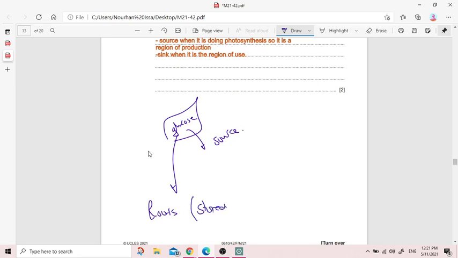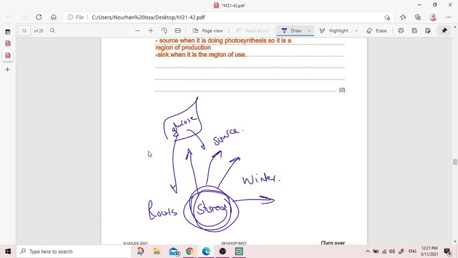Why? Because during winter, when there is not enough sunlight, some of this stored glucose is used for respiration in other parts of the plant. So in this case, in winter, the roots are the source and the leaves will be the sink.